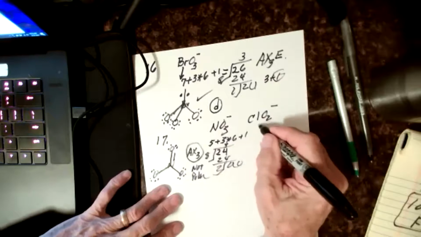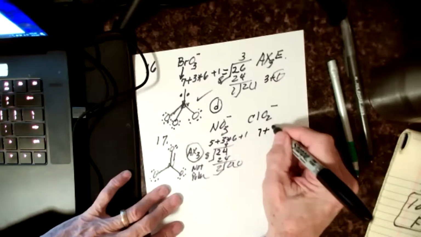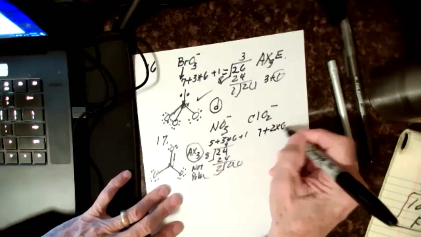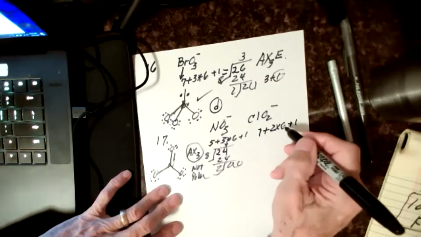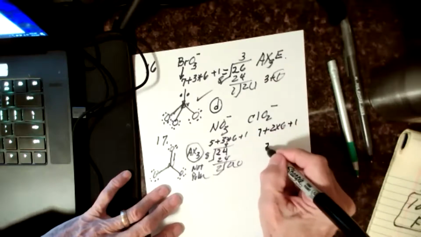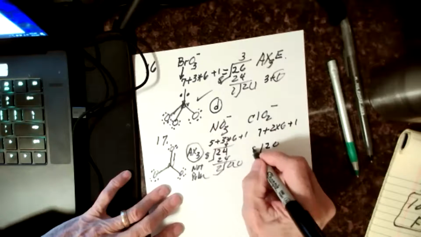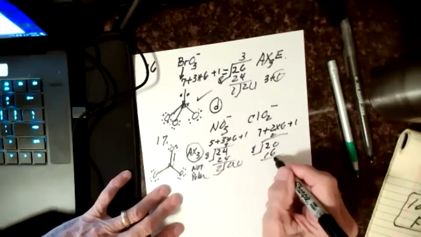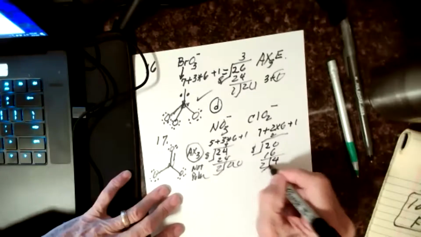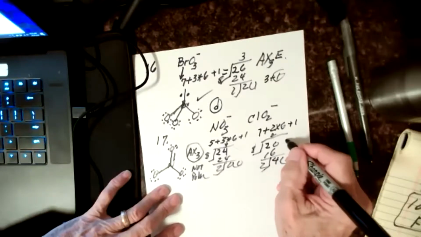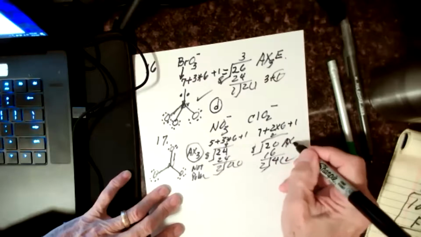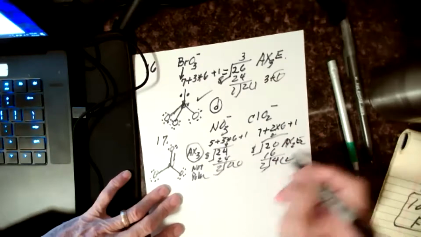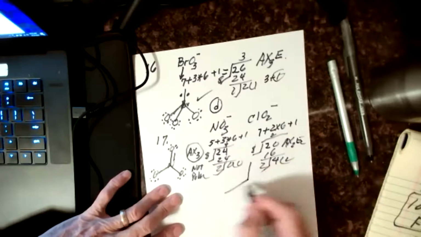ClO2 minus: chlorine's in group 7, and 2 oxygens in group 6, plus 1 more electron. 12, 13, and 7, this would be 20. Divided by 8, it's going to be 2, that's 16, and 4 divided by 2 is 2. It's an AX2E2. That's tetrahedral.